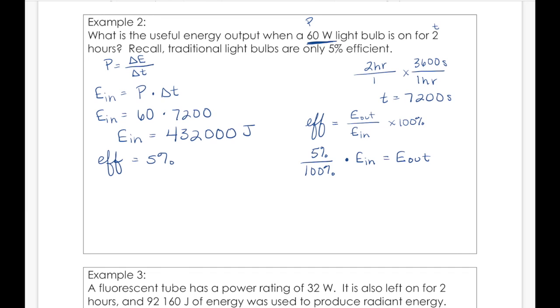The energy in we just calculated here, so we're going to plug that into our equation. My 5 divided by 100% will give me 0.05 times my energy in, 432,000.